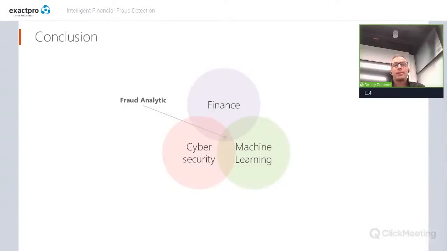Financial fraud prevention is a big field of research, important for business and society. The financial fraud prevention case combines three domains together: the financial domain, cybersecurity, and data science.